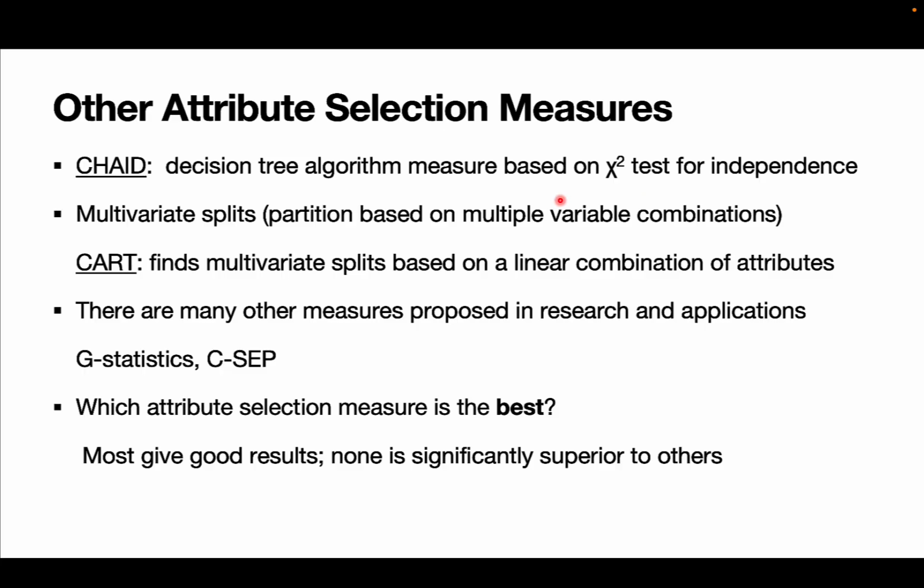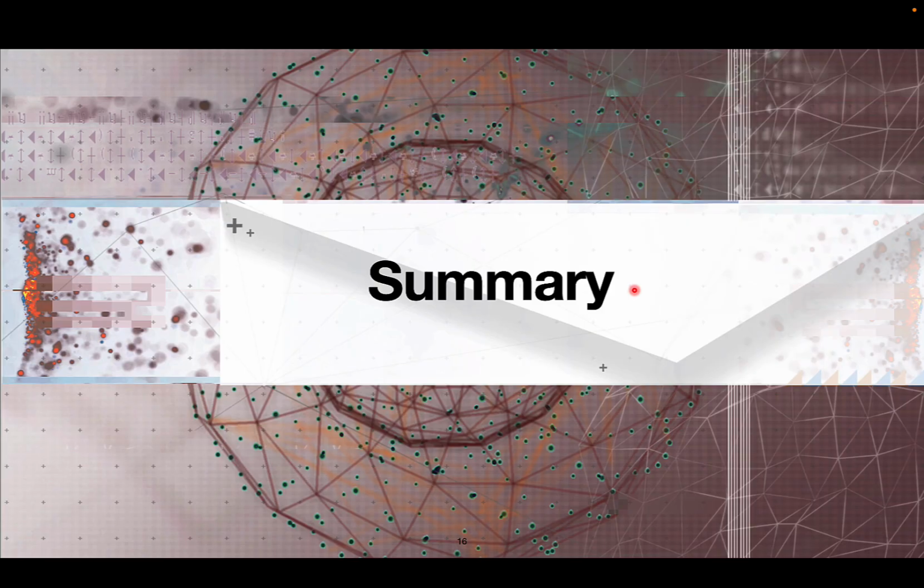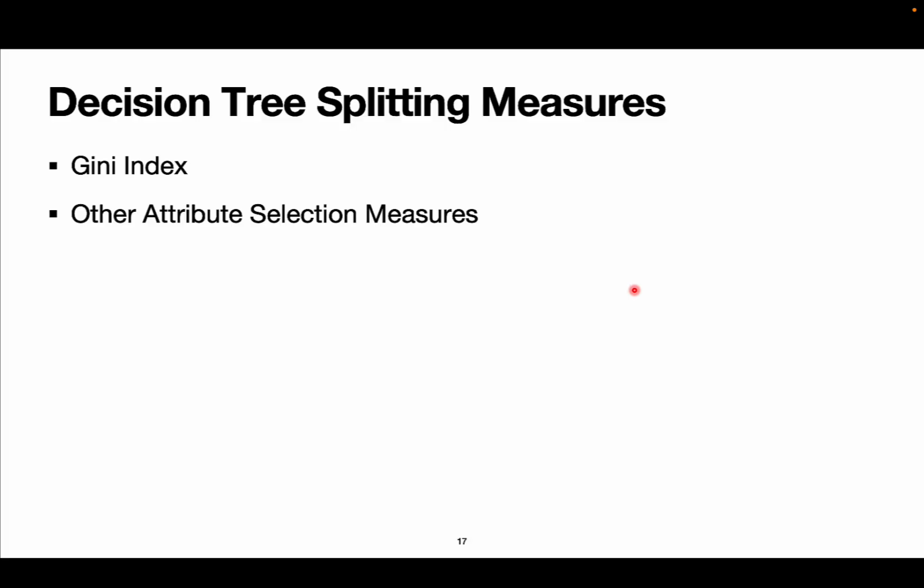Some approaches use linear combinations of attributes instead of splitting on just one. And which attribute selection measure is best? It's always going to depend on the dataset, and it's always worth testing different methods to see what works best. In summary, we covered the Gini Index and other selection measures.